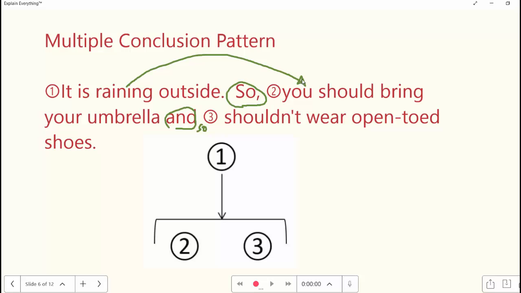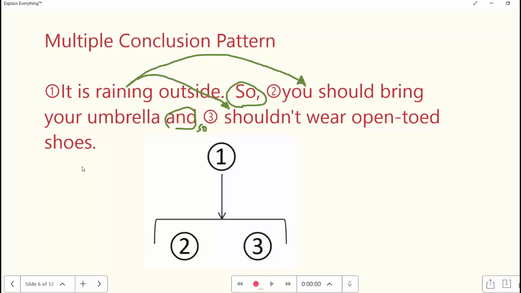This is supposed to suggest that this is true, and at the same time it's supposed to suggest that this is true. Right? And if we think about it being raining outside and the general background information that we don't like to get wet, at least in most instances or most cases, then we can appreciate that this just is the kind of information that would suggest either of these being true.